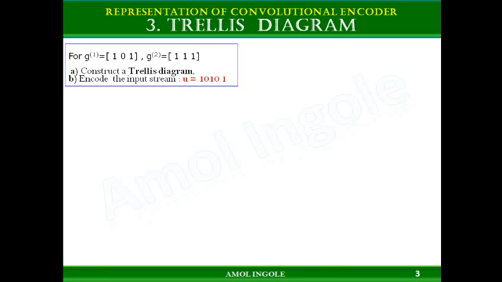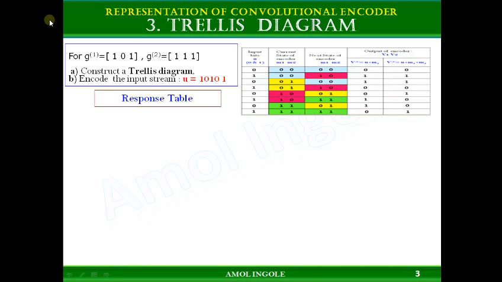I'm not going to explain how to construct a response table for the convolution encoder given. This is the response table for the numerical given, and you will see that there are 4 possible states. Why? Because there will be 2 memory units, and 2 raised to power 2 is 4 possible states.